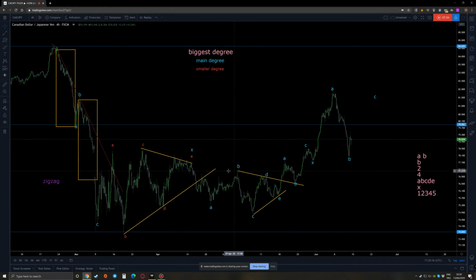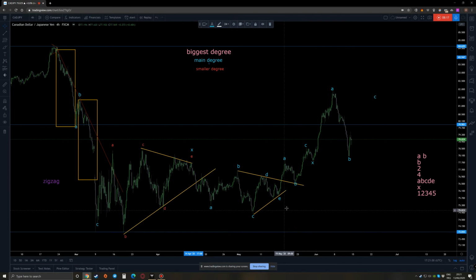Now, this triangle is telling us something. What is it? Whenever you have a complex correction that ends with a triangle, it means that this wave has to be over there. Okay, so you cannot have in this one lower degree a triangle and something, and still continue with an X wave.